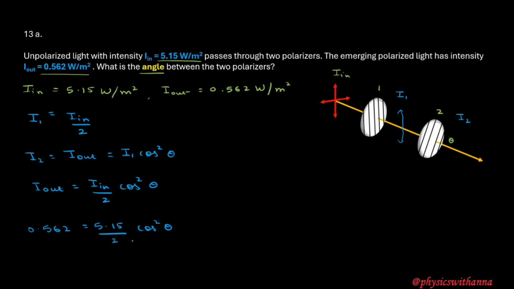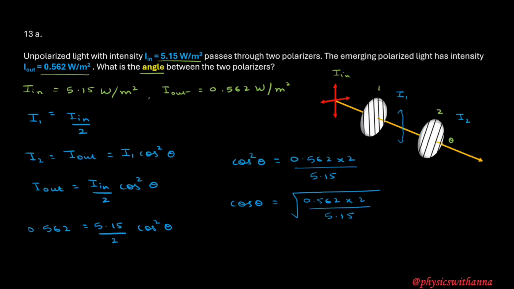I need to find theta, so we will rearrange the terms to leave cosine square theta alone. So we get cosine square theta equals 0.562 times 2 over 5.15. Now take the square root on both sides. Cosine theta will be the square root of 0.562 times 2 over 5.15.